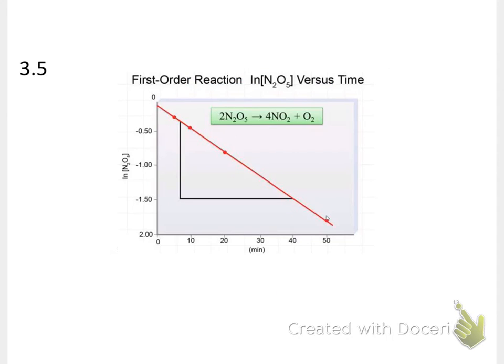It's very useful. So let's say I have a first order reaction, and I have a plot of the log of the concentration of the reactant versus time. So I plot the log of the concentration versus some time. In this case, I'm plotting minutes, which is okay to do, right?